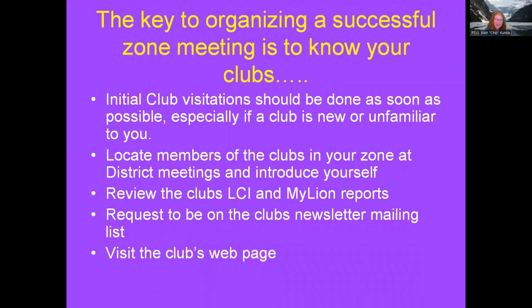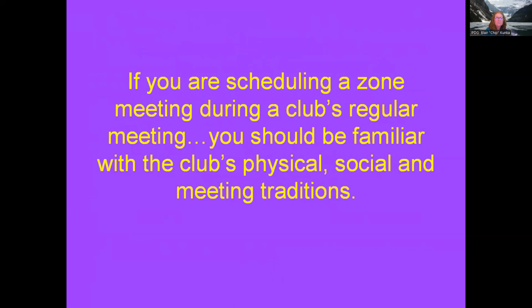You need to know your club, and these are the ways that you can find out a little bit of information about their style, their club talents, their service projects, and fundraising activities. So don't forget the web page and the Facebook page.